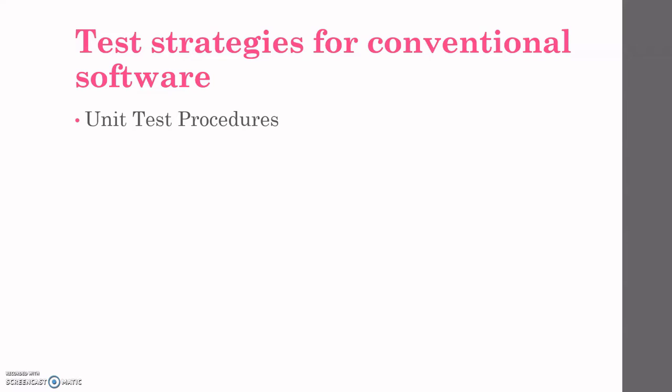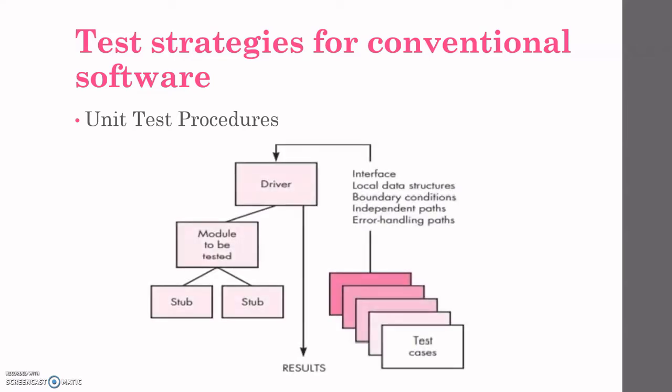Now, unit test procedure. This is the figure which shows the procedure of unit test. Because the component is not a standalone program, driver or stub software must be developed for each unit test. Here the figure shows the unit test environment.